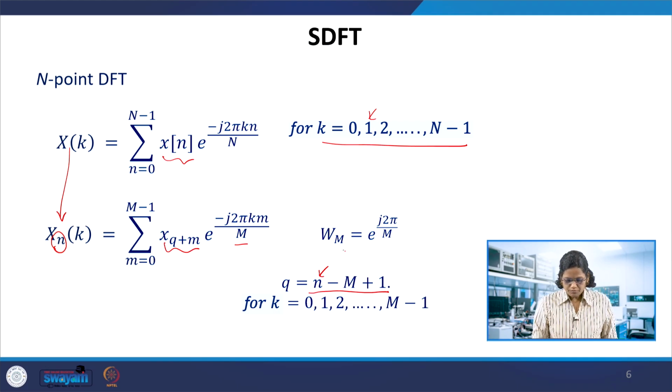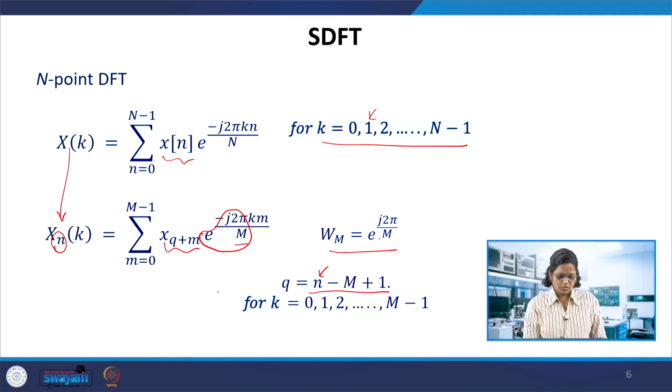Whereas this can be replaced with e power j 2 pi by M, which can be considered as a twiddle factor, W_M, and we can replace this complex term with W_M for simplicity. This is valid for k varying from 0 to M minus 1.